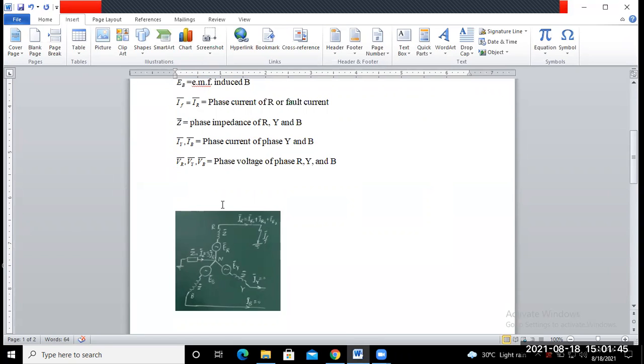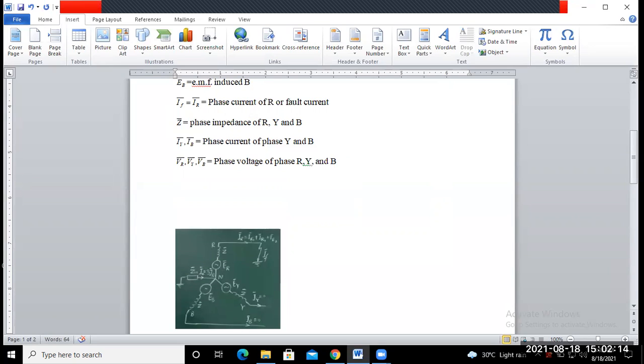We consider that the fault takes place in phase R. That's why the phase current IR equals IF. And IR is the summation of the zero sequence, positive sequence, and negative sequence currents, represented by IR1, IR2, and IR0.